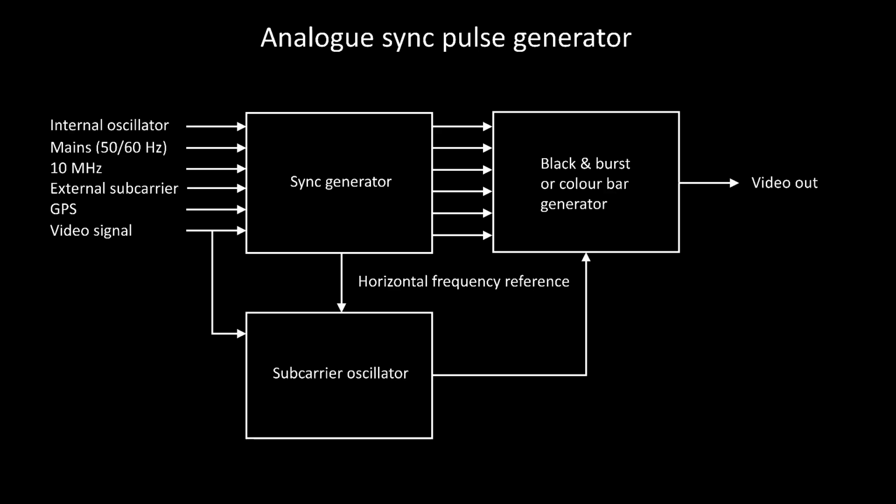The simplest, of course, is black and burst, but some SPGs may also generate more complicated test signals such as color bars. As you can imagine, all of this amounts to quite a lot of complexity, especially when you consider that the phase of the signals that an SPG generates must all be individually adjustable. Implementing such a device was a major headache in the early years of television.